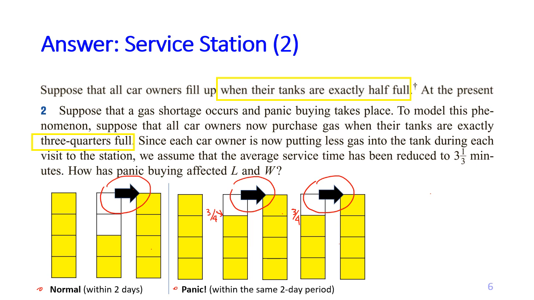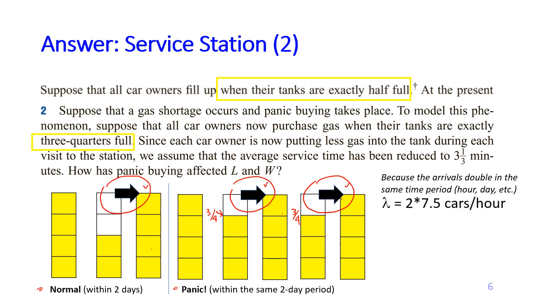Usually once every particular time period, now it becomes twice. So what changes here? The change is in the arrival rate. Previously we had 7.5 cars per hour, now it becomes 2 times 7.5 cars per hour because the arrivals double in the same time period.